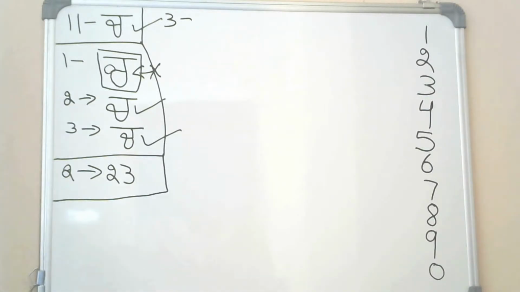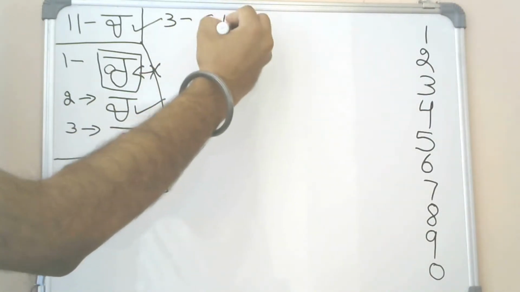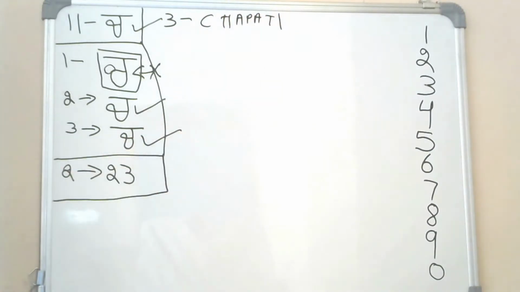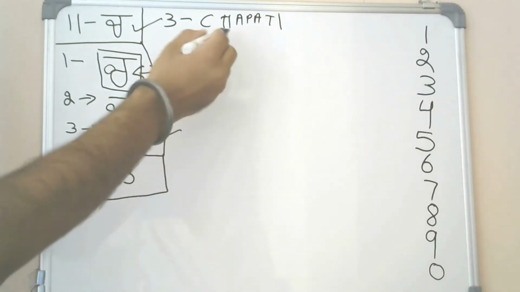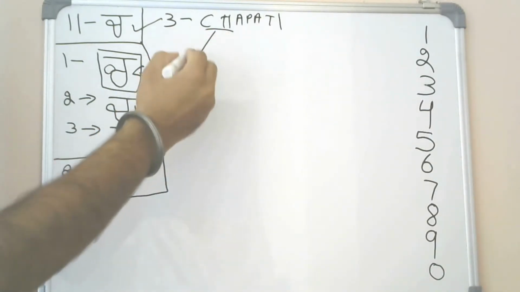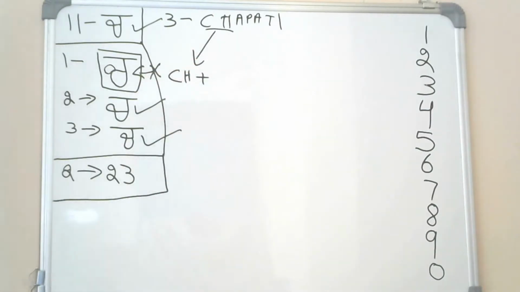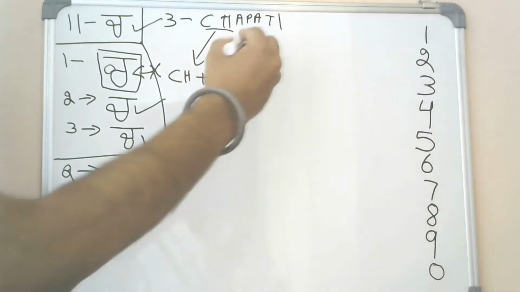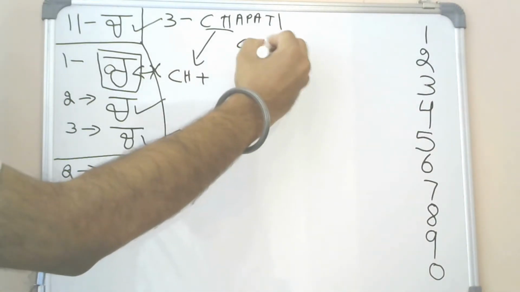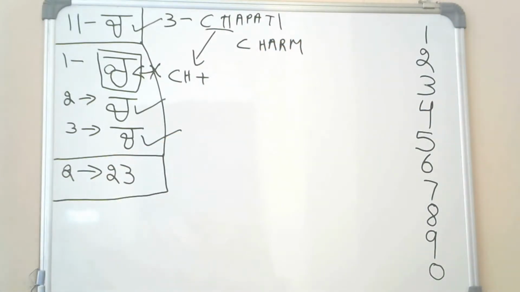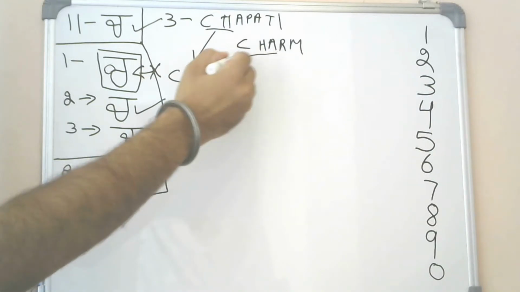You might have heard this word. What I'm going to do is, I'm going to get that ch sound from here. The other word that I'm going to use is charm. I will get this cha from here.